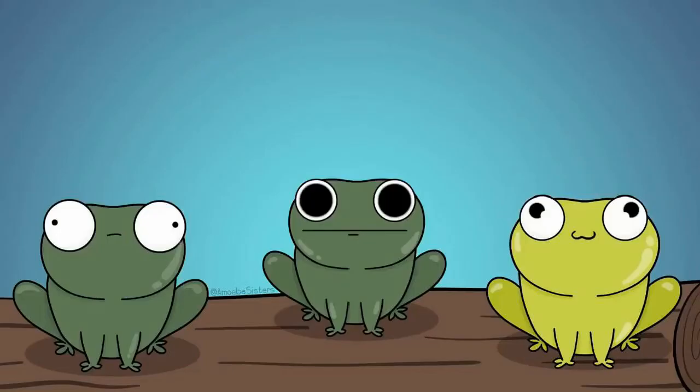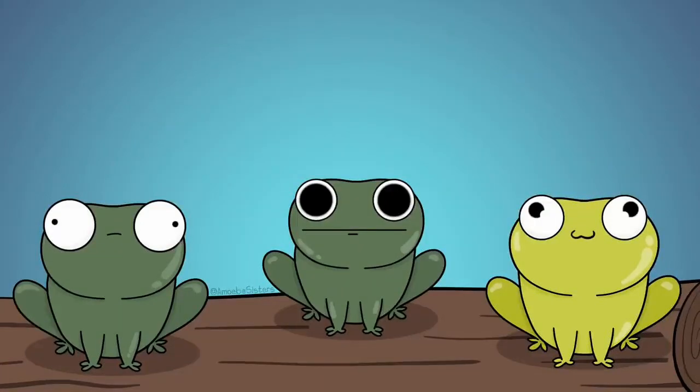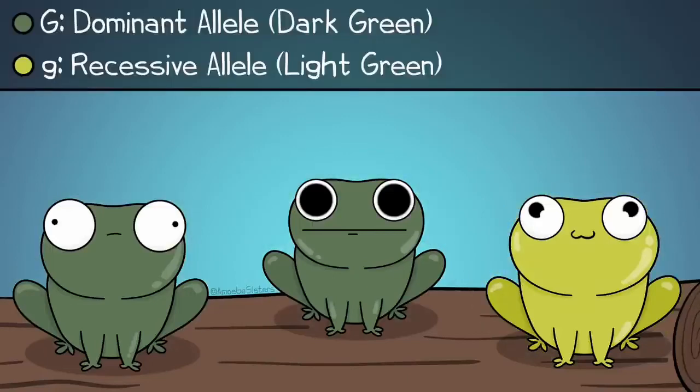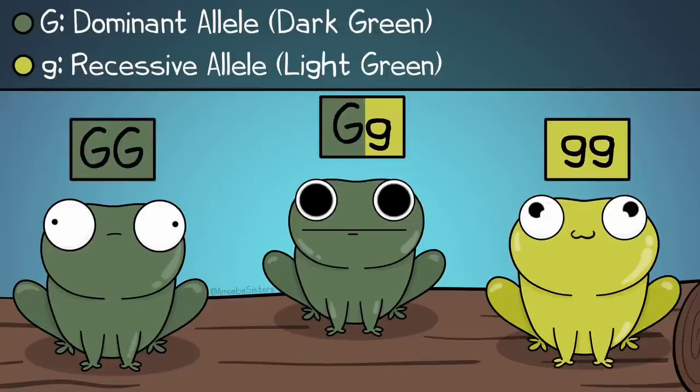If we have this frog population here, assuming they are all the same species, but there are some differences. In our simplified example, some of the frogs are light green and some are dark green. We are going to look at a sample genotype in the example. All the frogs in the population will be either GG, Gg, or gg.